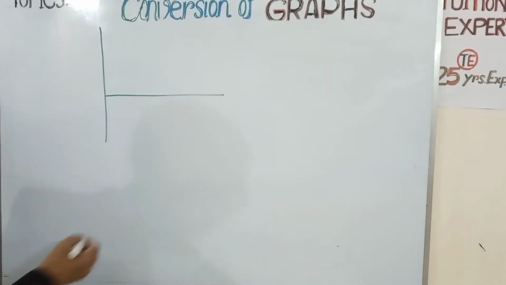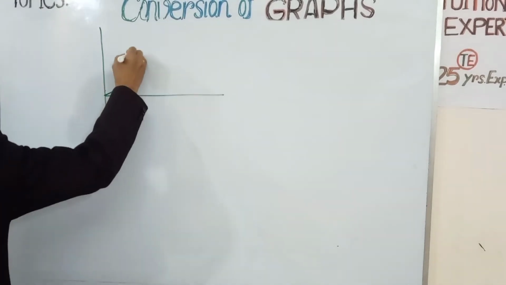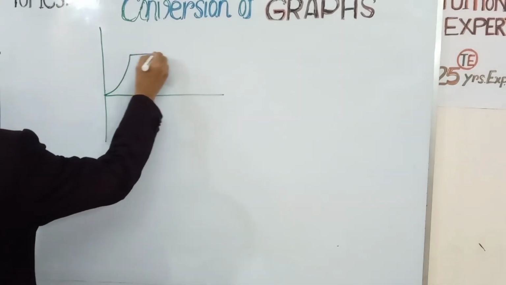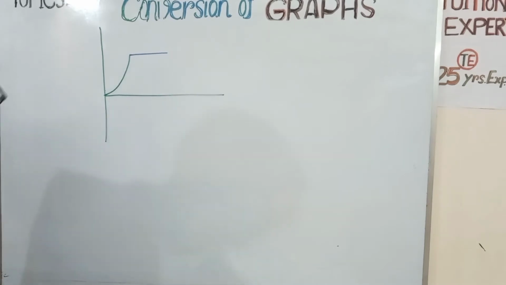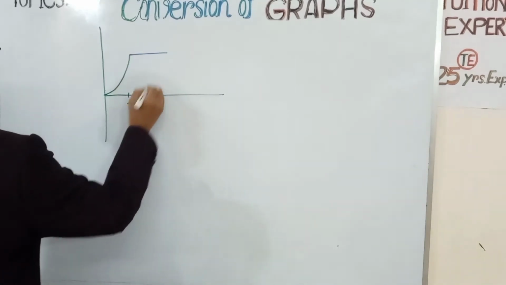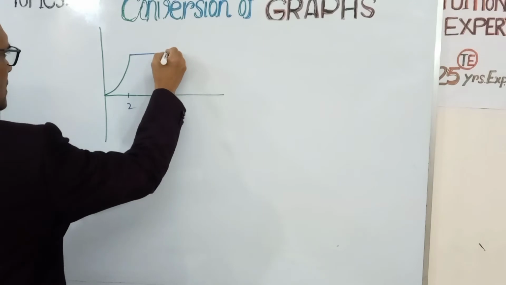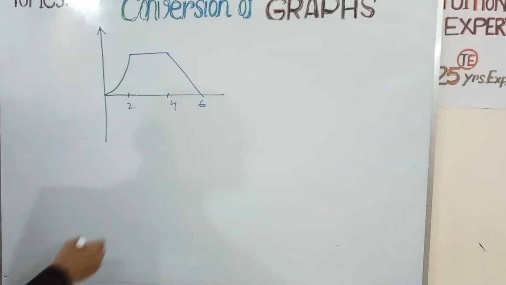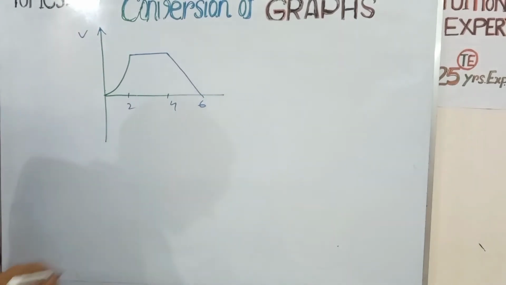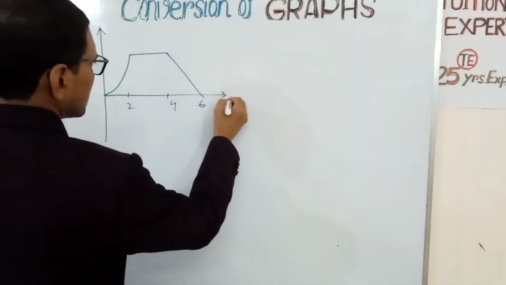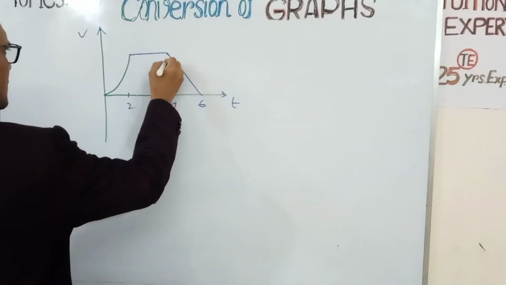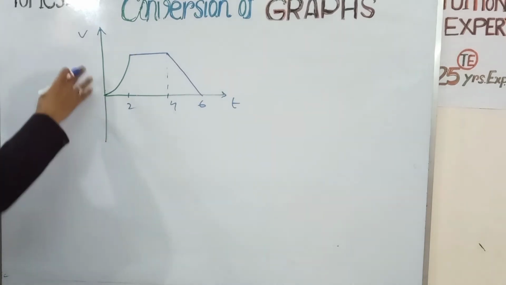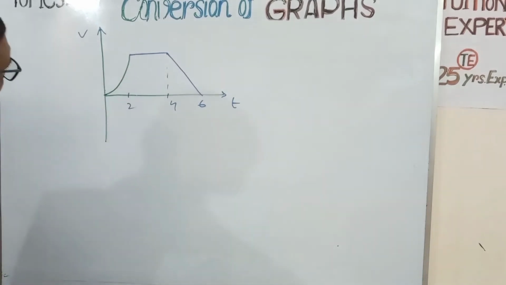Suppose this is 0 to 2, 4 to 6. The VT graph of a particle or body is given.